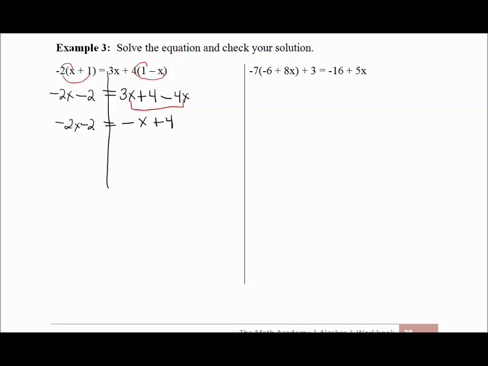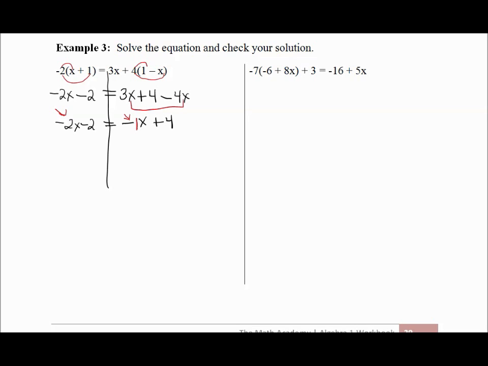Okay, now I want to focus on the coefficients. Here I have a -2. Here, it's understood that there's a 1 there, so the coefficient here is -1. The -1 is larger than -2, so that means that I will move my variables over to the right.